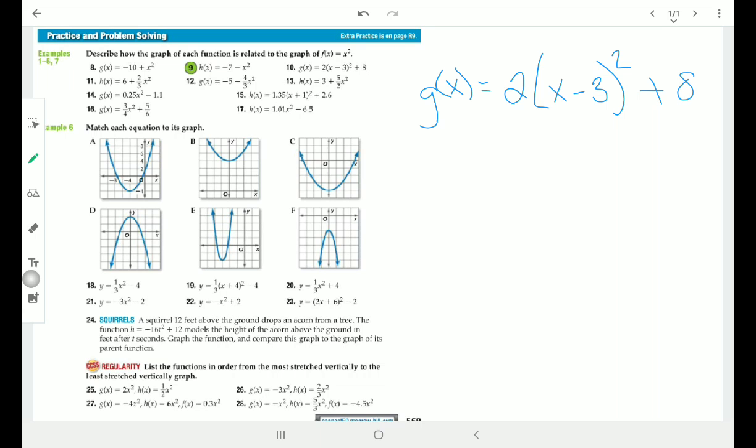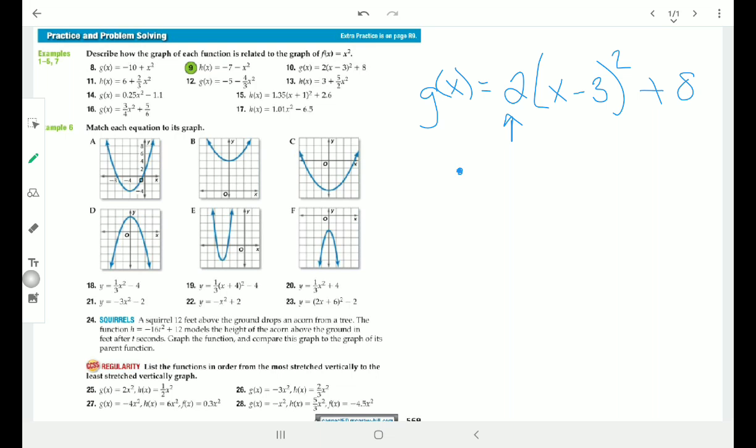This number out in front, right, this is going to go to the x, so this is essentially going to become 2x squared. So we know that my parabola is still going to be pointing upwards. It's going to be positive, right? And it's going to be stretched vertically because of that 2 in front.